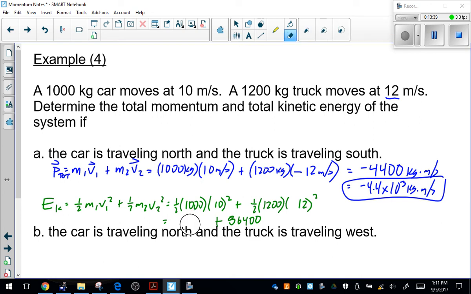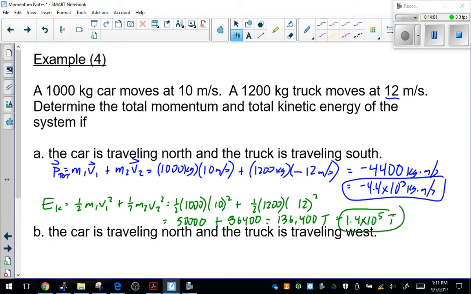This is 50,000, right? 50,000 plus 86,400 gives me 136,400 joules, or 1.4 times 10 to the 5 joules.